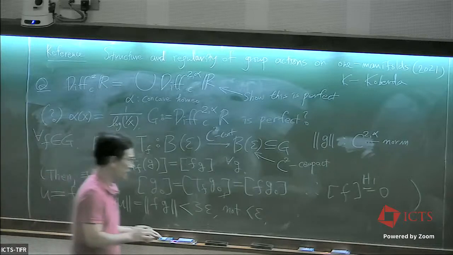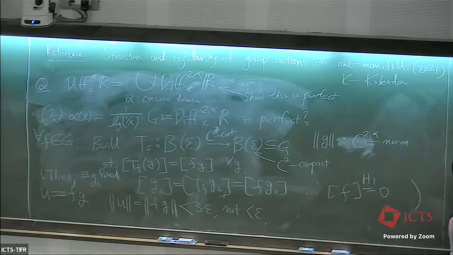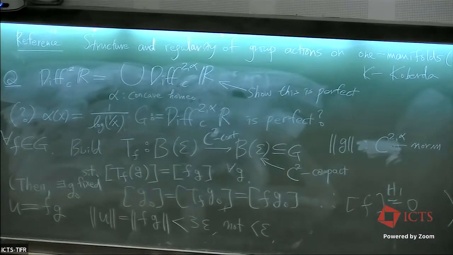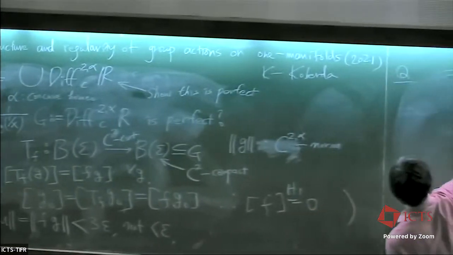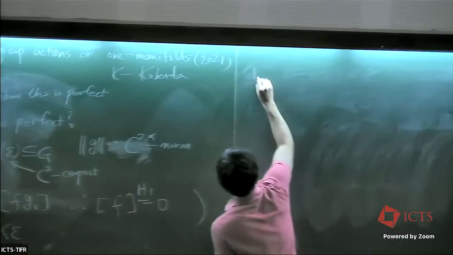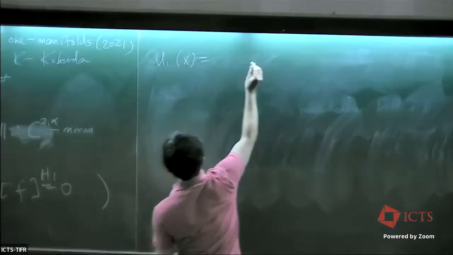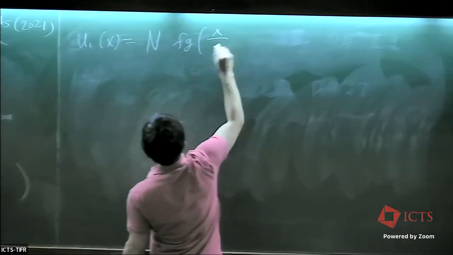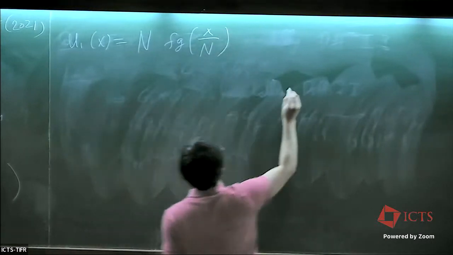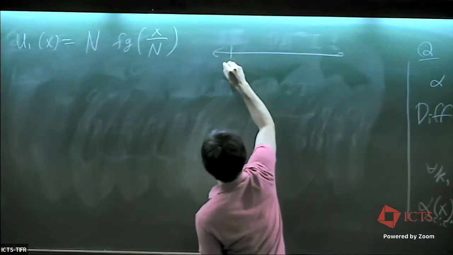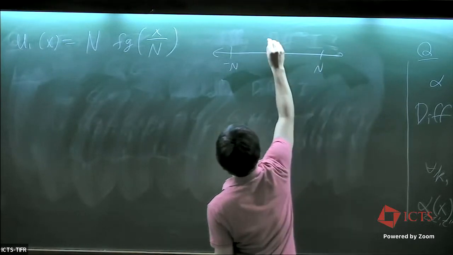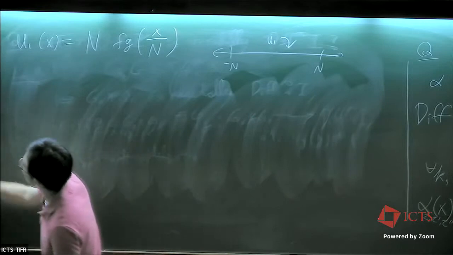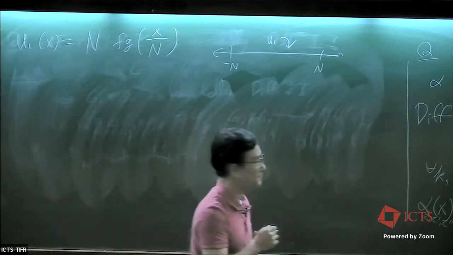So the next trial is a variation of this by making it act on a larger interval, and that almost works. In other words, define U1 of x as some large number times FG of x divided by that large number. So U1 will act on some large interval, if the original interval is -1 to 1.